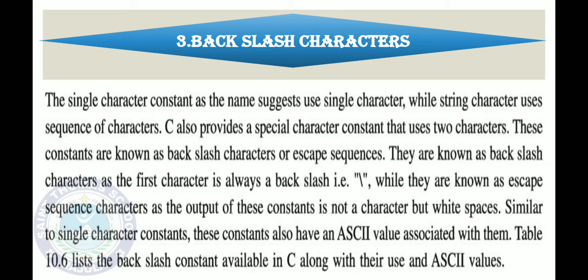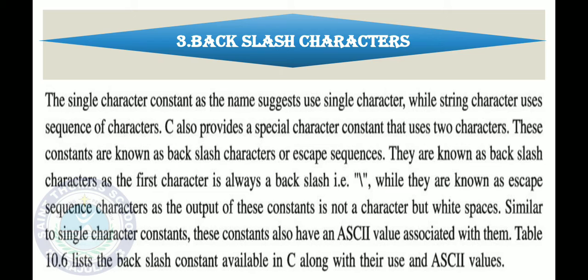They are known as backslash characters as the first character is always a backslash. Here you can see the sign written in the double quotation marks, that is the slanting line. This character is known as the backslash character, and these constants must begin with this backslash sign, and that is why they are known as backslash characters.